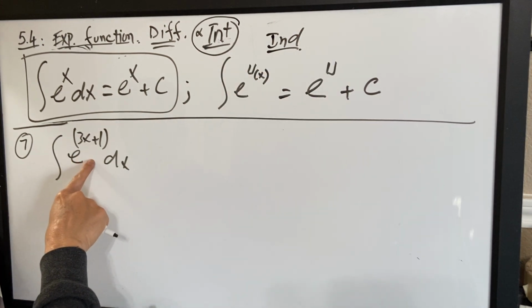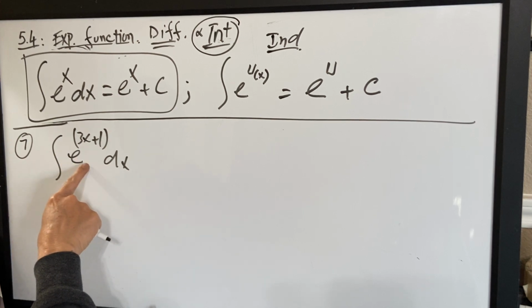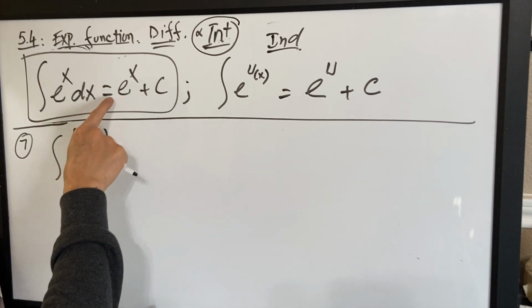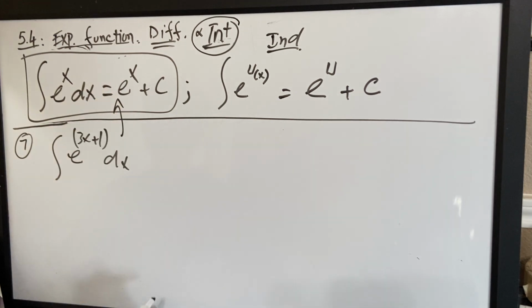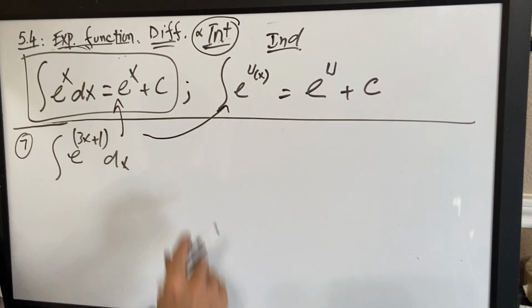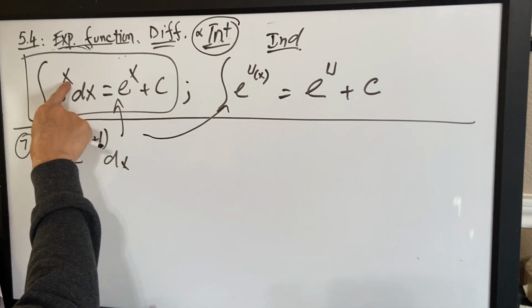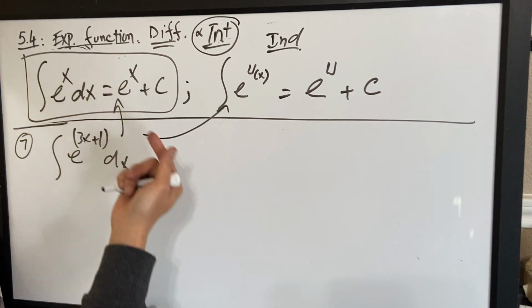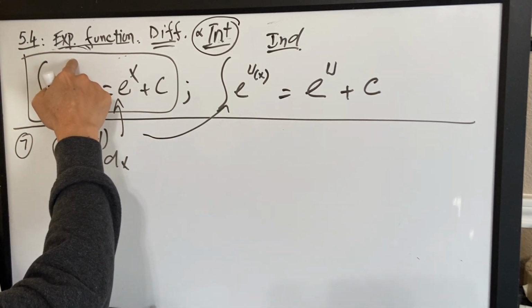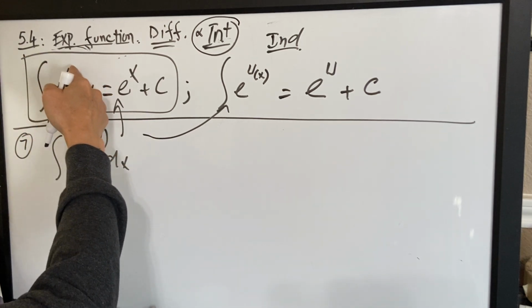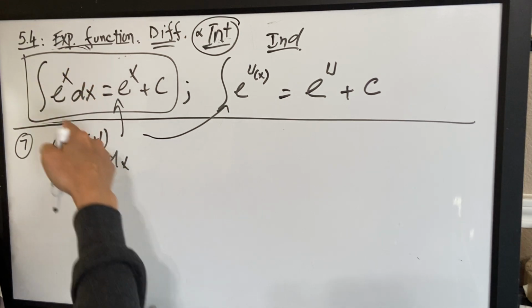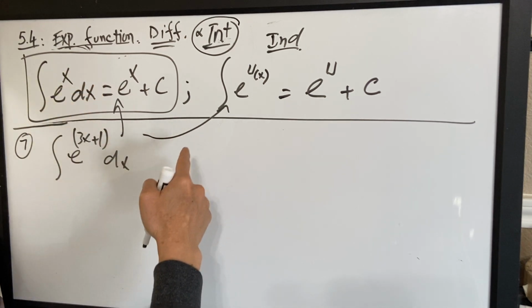So look at this right here. I need to integrate e to the 3x plus 1. Do I use the e to the x formula, or the e to the u formula? Of course, I see that the e to the x formula only deals with when the exponent is just x itself. There is no function in the exponent.